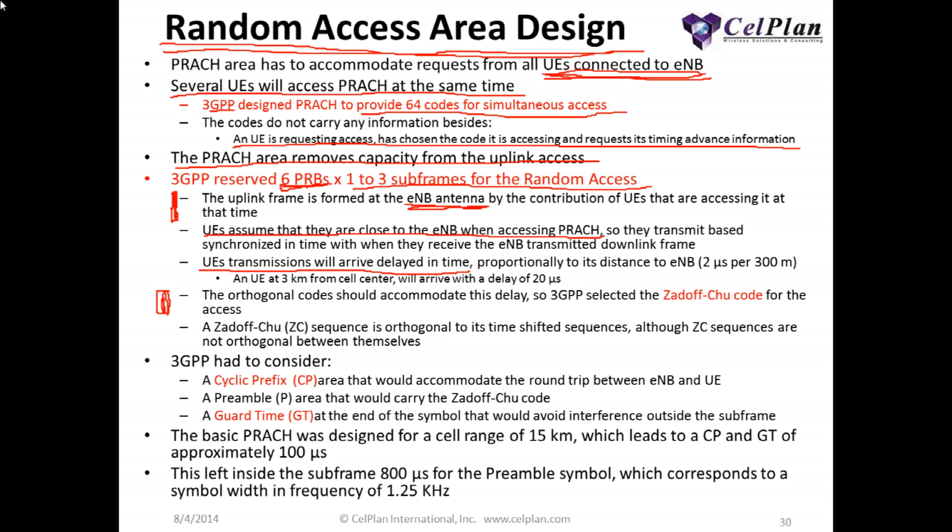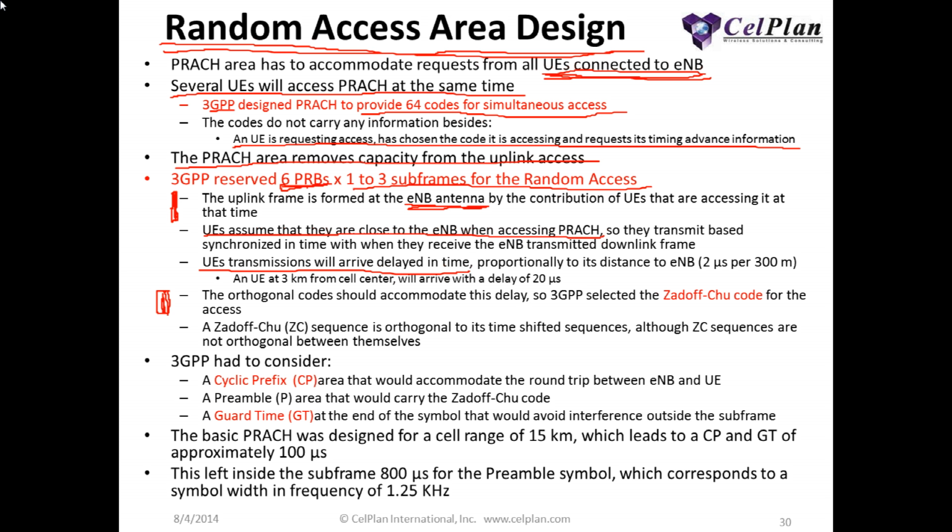But the important property is that one specific ZC sequence is orthogonal to its own shifts. So when the sequence is shifted, the shifts are orthogonal. And this allows detecting multipaths and so on.